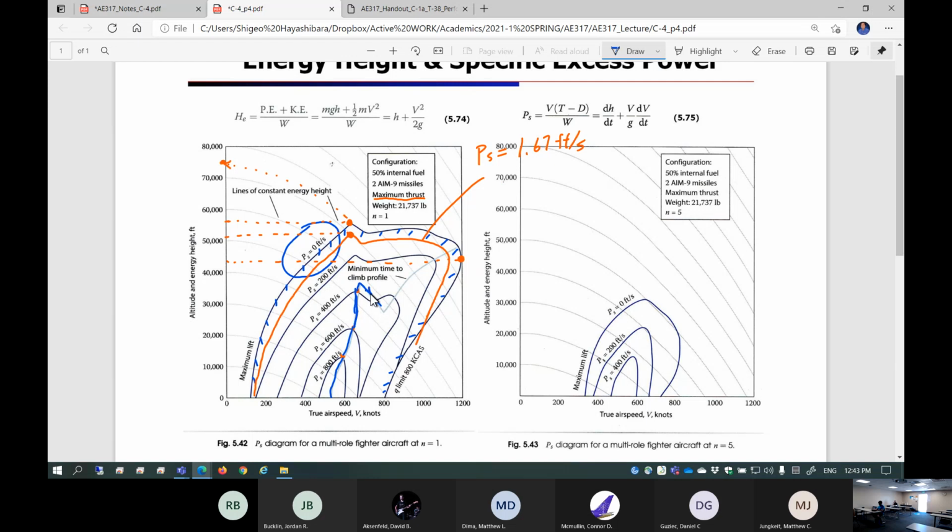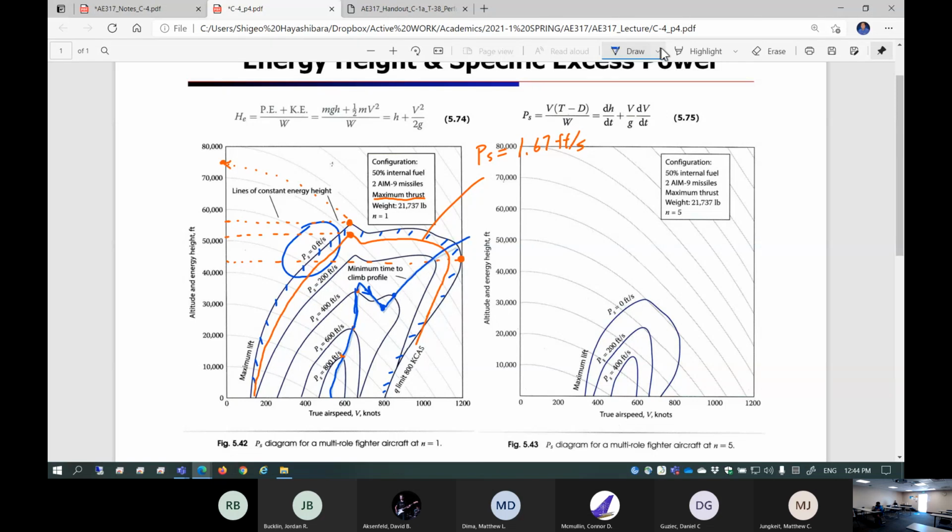Why? What's going on here? This is the transonic region. So you're going to accelerate to hit supersonic first, and then begin climbing in the region of PS peak.